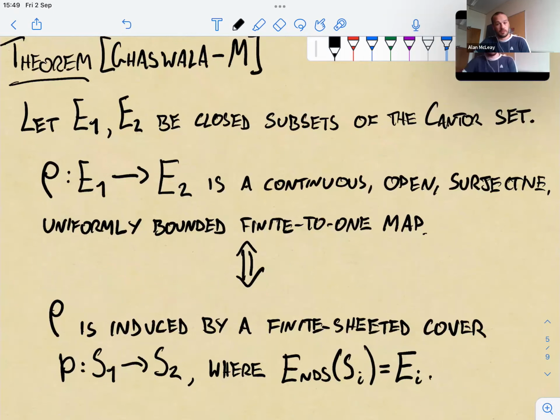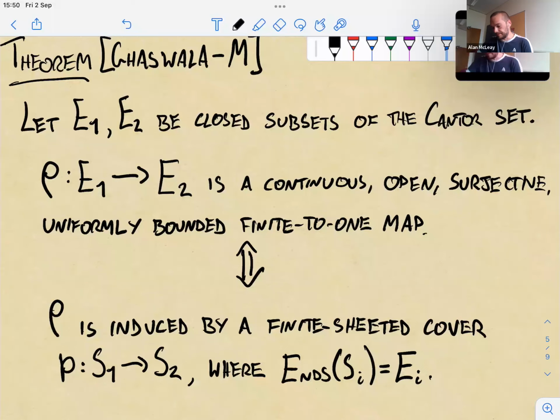We have two closed subsets of the Cantor set, and as long as there is a continuous open surjective map, and it's finite to one, and that finite doesn't get too big, so it's not arbitrarily finite to one. There exists some number such that no point downstairs has more than that many pre-images.